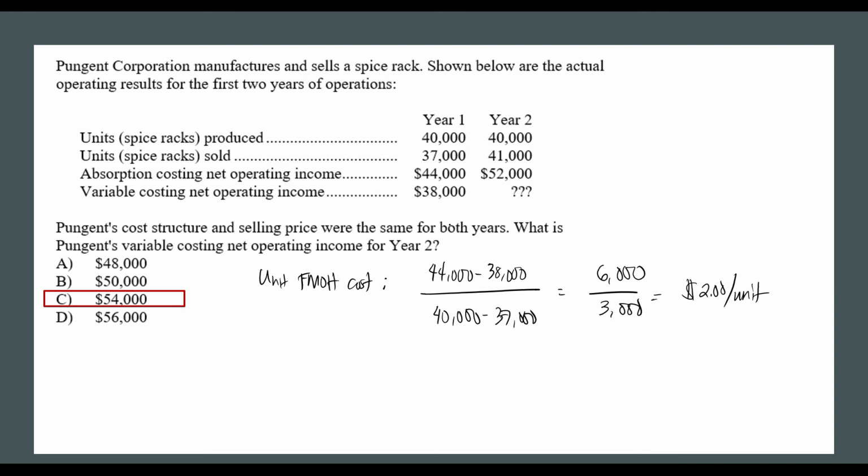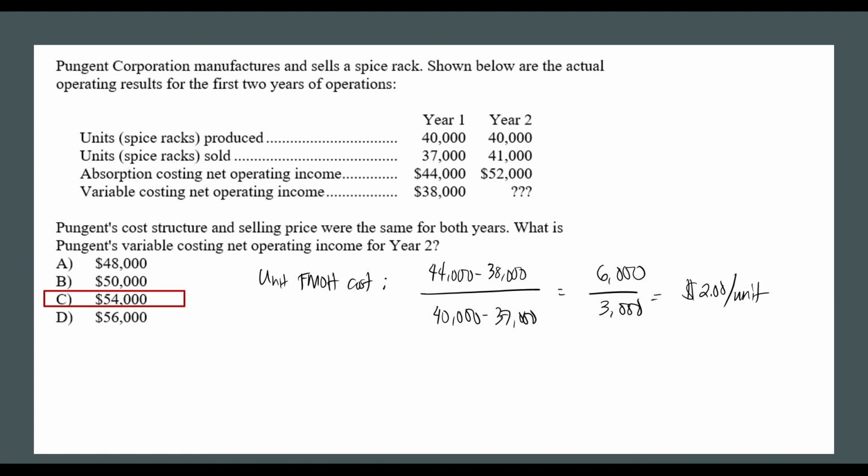If there are lower units produced, meaning the fixed manufacturing overhead cost relating to the units produced will be what? Lower. We have a lower fixed manufacturing overhead cost. If that is the case, we can say here that your net operating income under variable costing will be what?